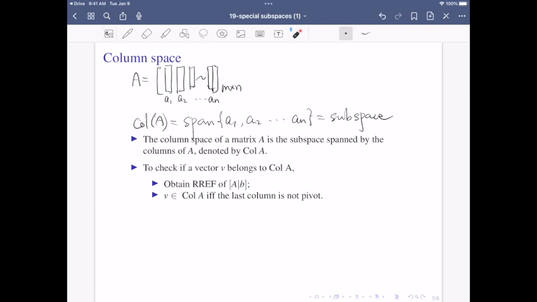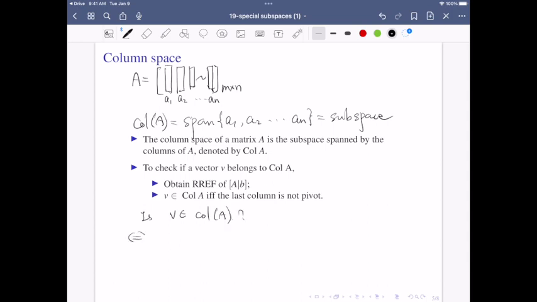Now, a typical question is, for a matrix A, we will ask: does a vector v belong to Col A? To check this question, we need to go through these steps. We can rewrite the question: is v in the column space of A?